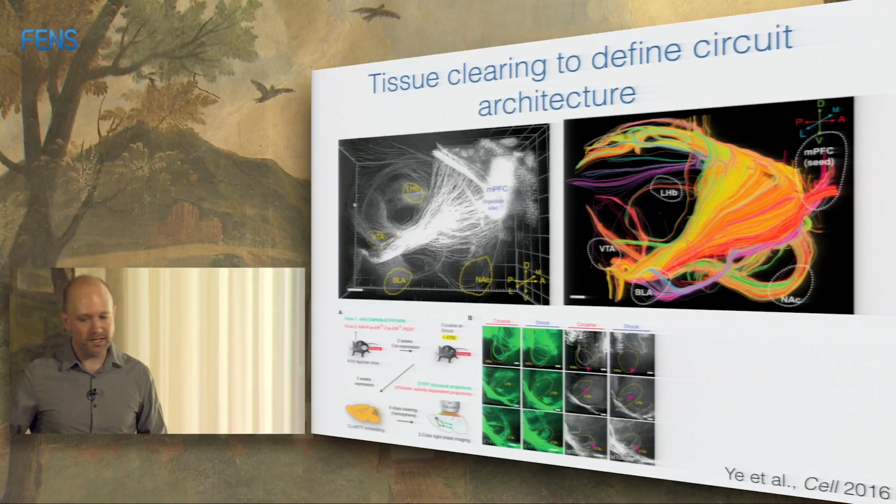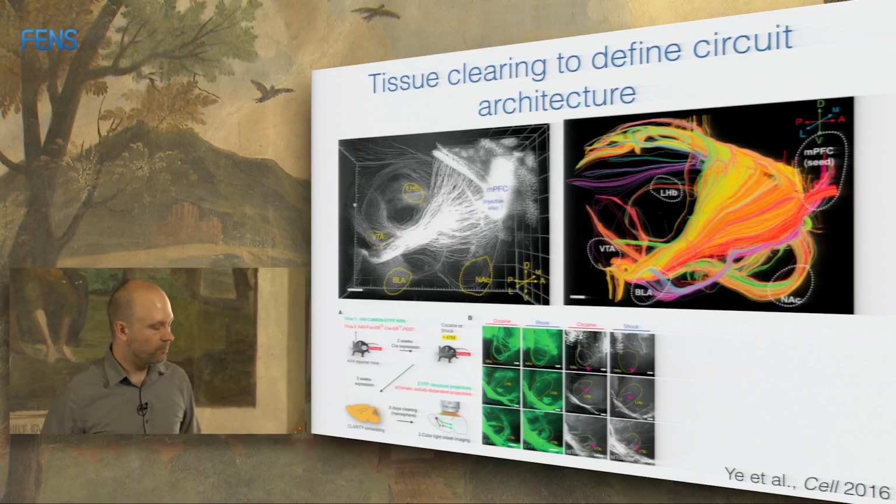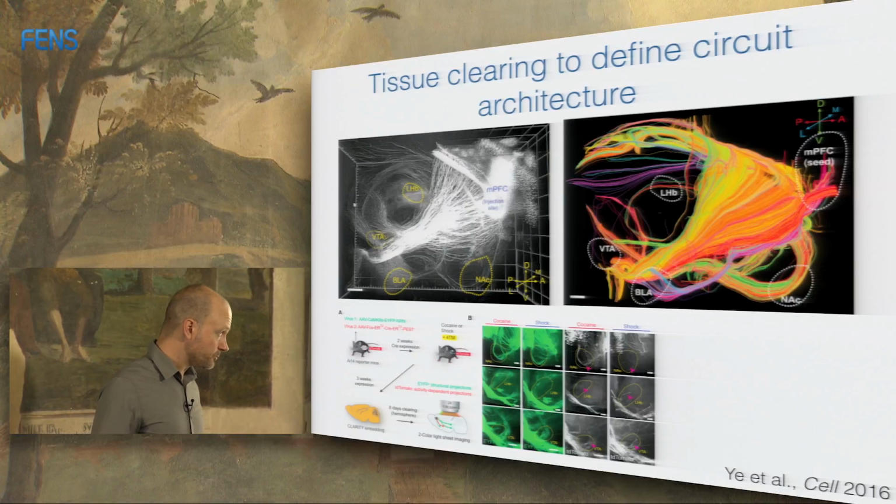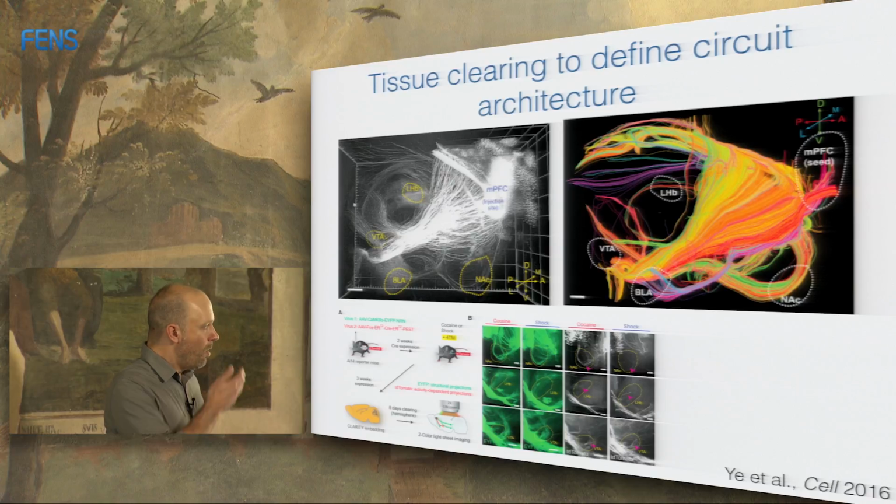There's a number of different ways that you can do this, but one that's becoming the current state of the art is light sheet microscopy, which allows you to take this cleared brain, which contains cells that may be expressing a fluorescent protein you're interested in, and then rapidly image the entire brain.